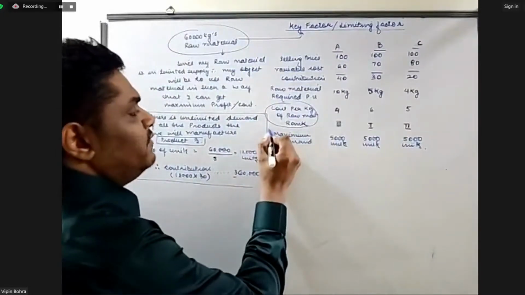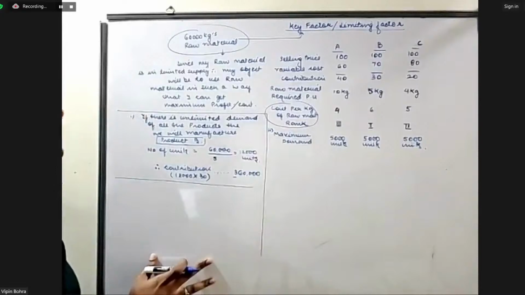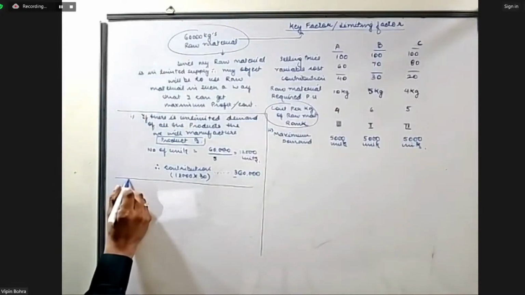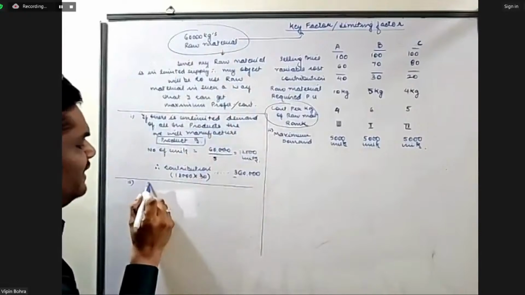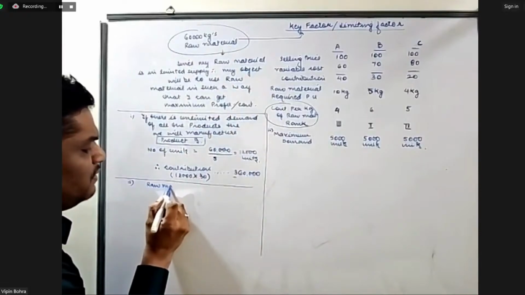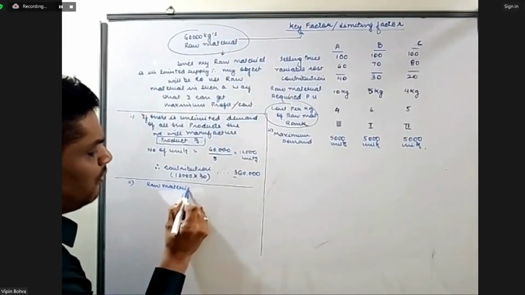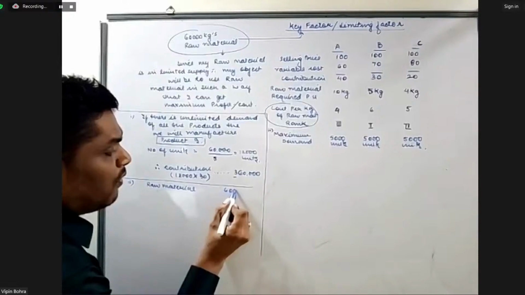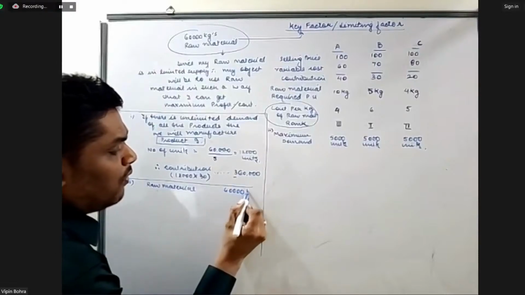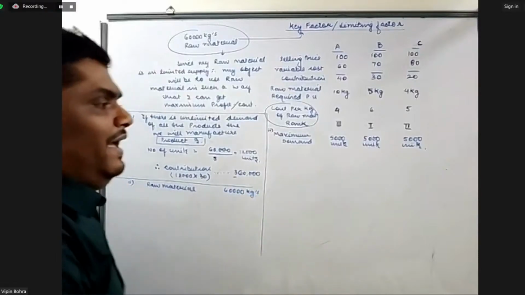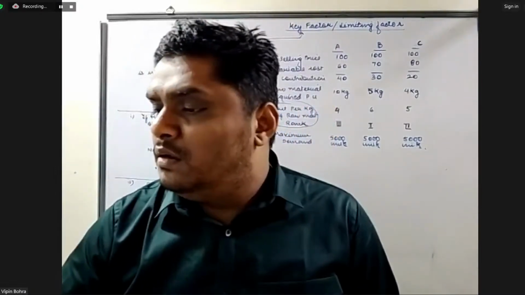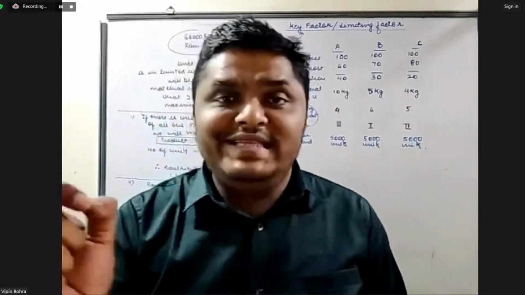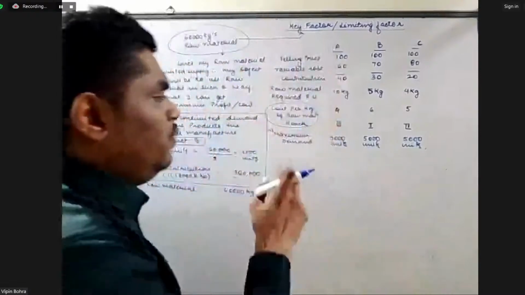So this is my second question. If maximum demand is given. So since my raw material availability is 60,000 kgs, as I told you, my first priority will be what?